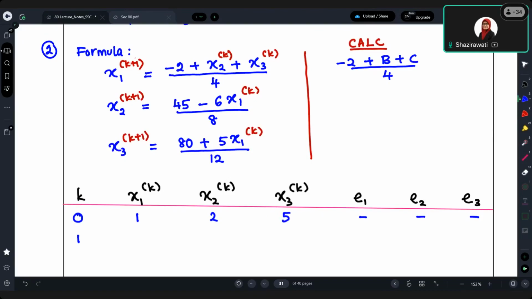Ini yang pertama. Yang kedua, kita ada 45 minus 6 A over 8. Equation number 3 for the X3, we have 80 plus 5A over 12.